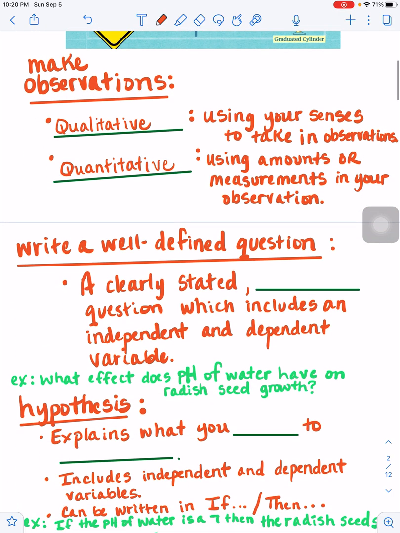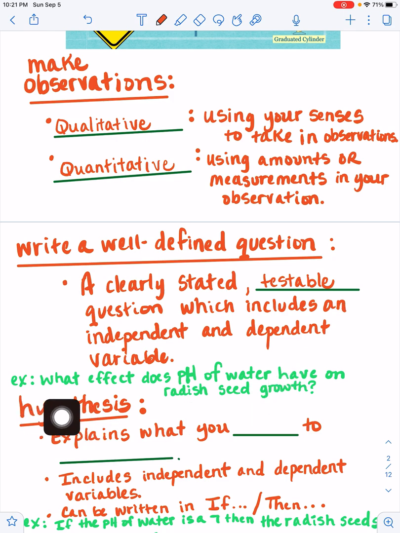When scientists make observations about the things around them, they write a well-defined question. The well-defined question, as you should know at this point, is a clearly stated, testable question which includes an independent and a dependent variable.